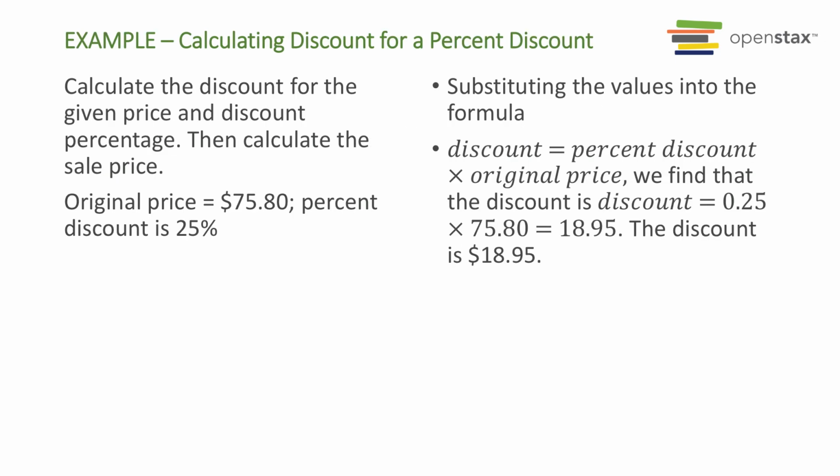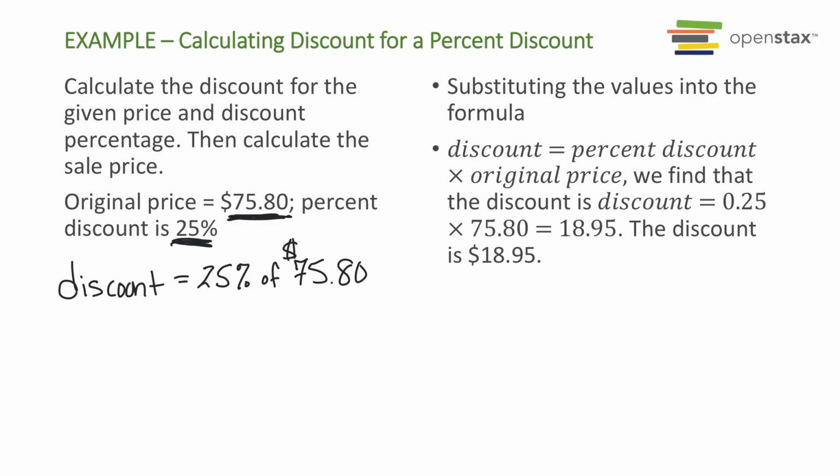So let's look at this example. Calculate the discount for the given price and discount percent, then calculate the sales price. So the original price is $75.80, and the discount is 35%. So it wants us to calculate the discount first. So the discount is going to be 25% of $75.80.